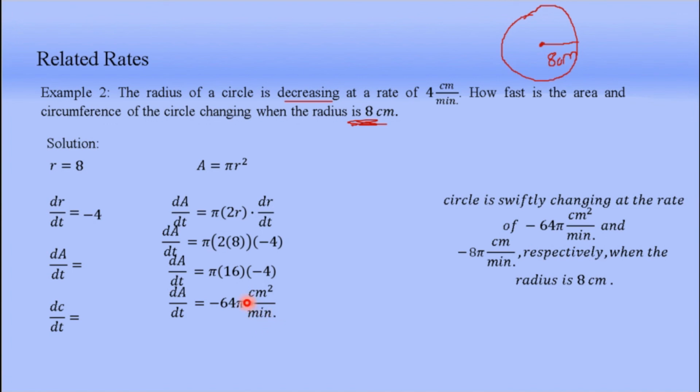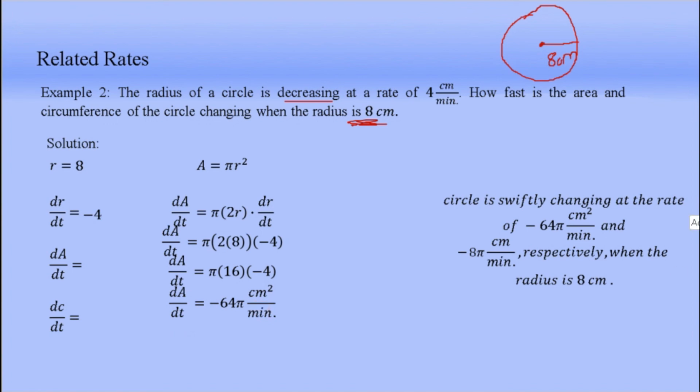The unit changes from centimeters to centimeters squared because this is the area, and the unit for area is squared. So again, dA/dt is negative 64 pi centimeters squared per minute.